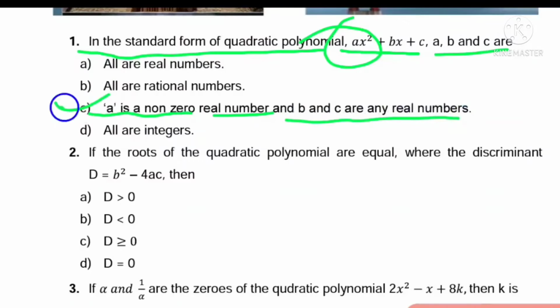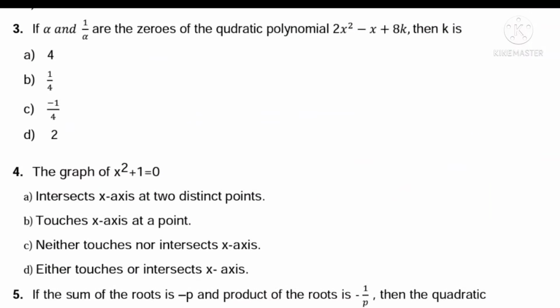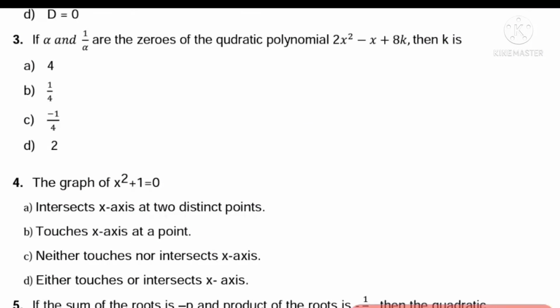This is the answer. If the roots of the quadratic polynomial are equal, then discriminant D, b square minus 4ac, will be equal to 0. So answer is D.